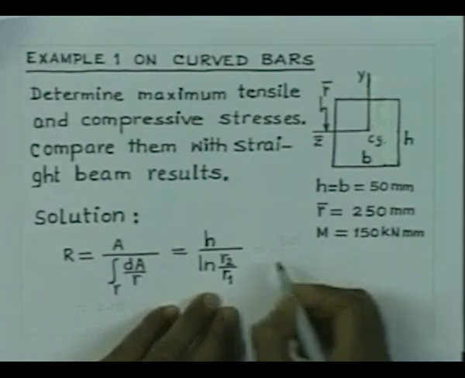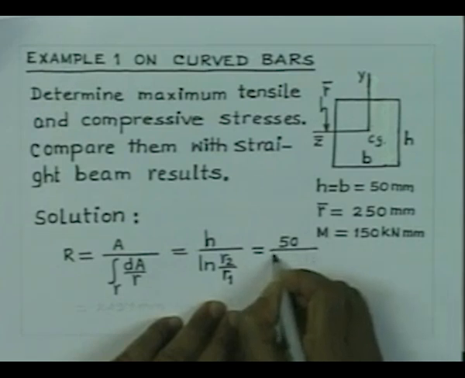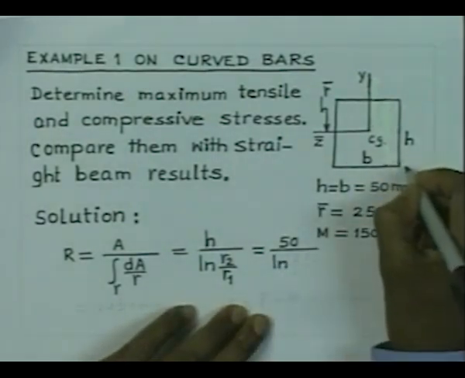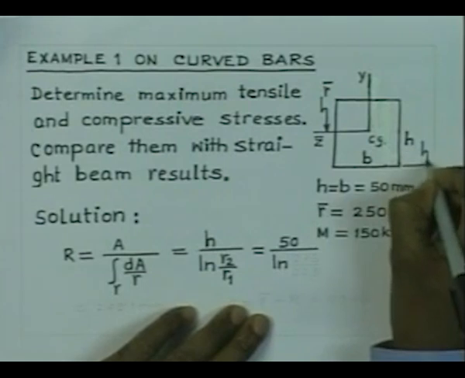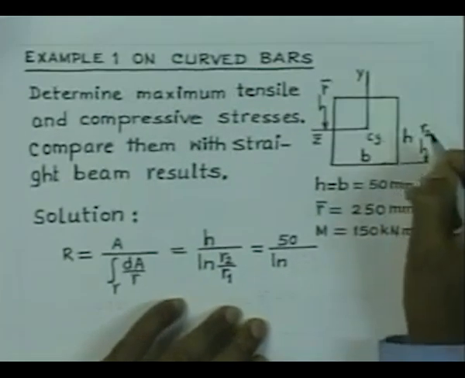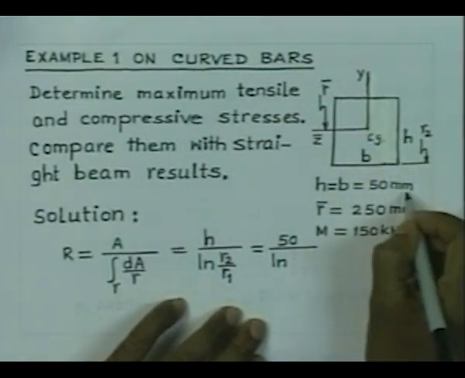Here the height of the cross section is 50, and R2 is nothing but the radius of curvature of the fiber at the bottom, and that should be equal to this 250 plus the half of the depth, which is 25.